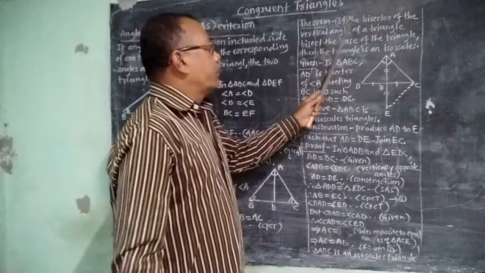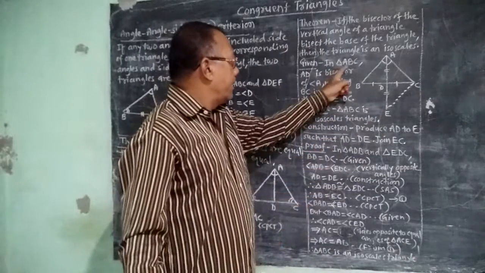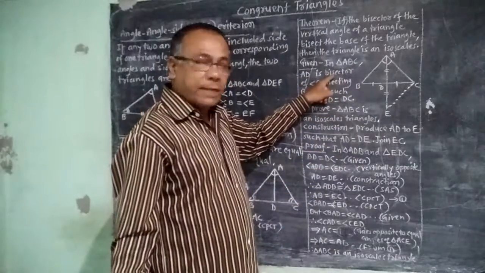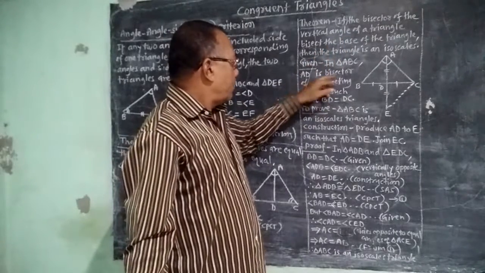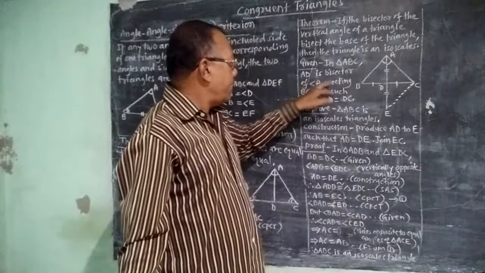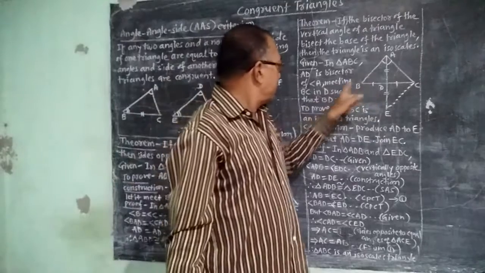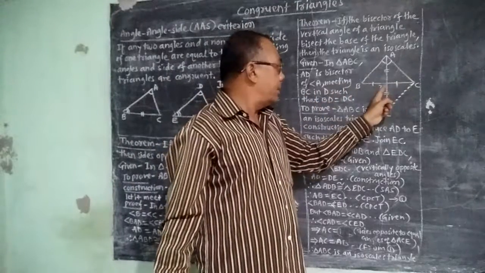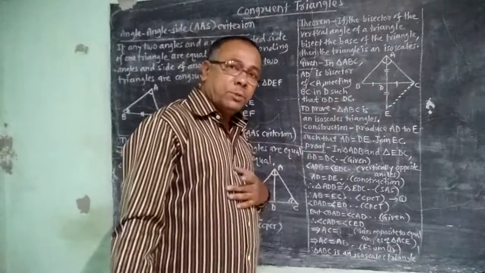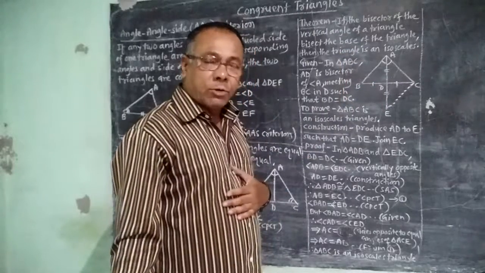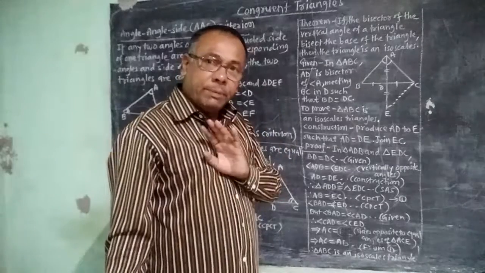So if AD is the bisector of angle A in triangle ABC, meeting side BC in D such that BD is equal to DC. BD is equal to DC means the bisector of vertical angle A bisects the opposite side BC.